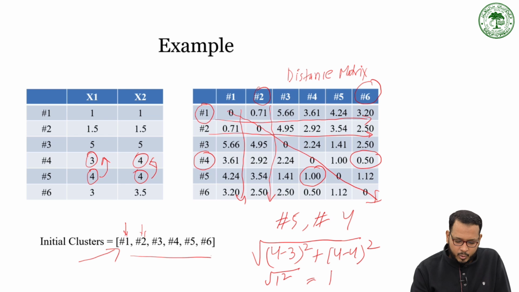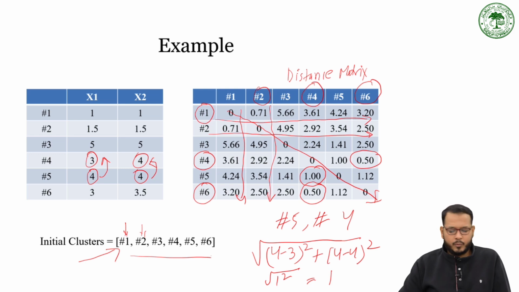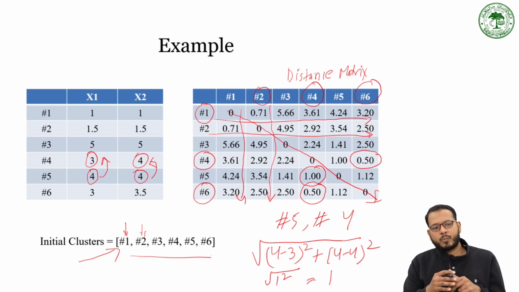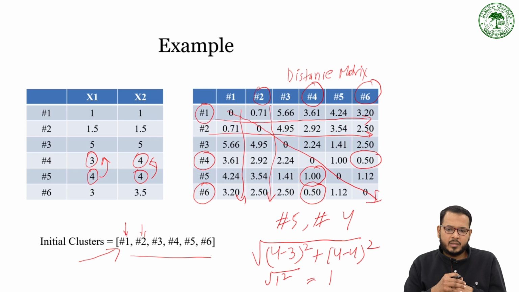This can also be observed in the column, 0.5, which means the distance of cluster 6 with cluster 4. Now what does this 0.5 represent? It represents that 4 and 6 are closest, this pair is closer to one another than any other pair.